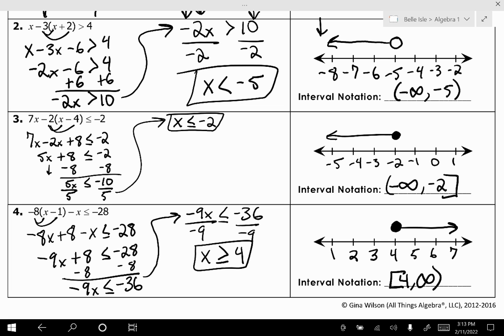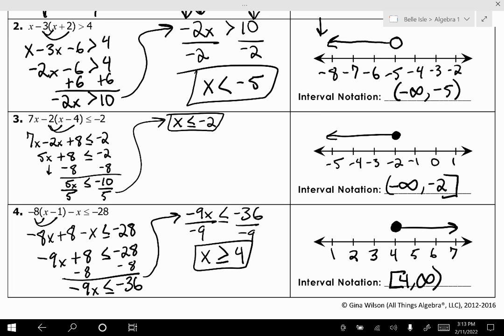Then in your interval notation and your line graph, you should have a closed circle on 4 going in the positive direction. Interval notation should be bracket 4, comma, infinity, parentheses.